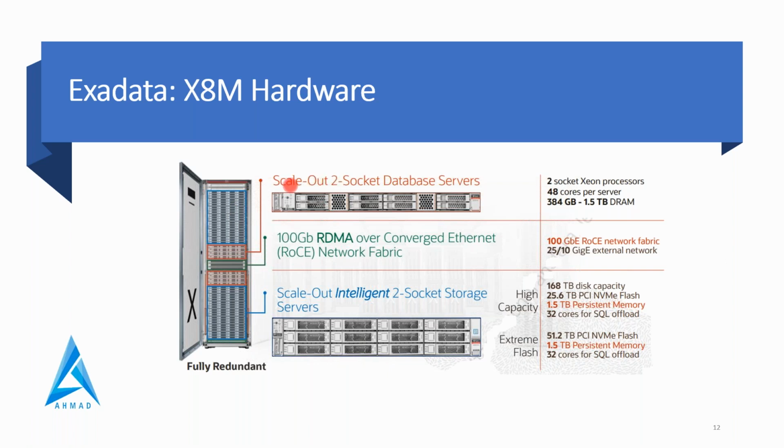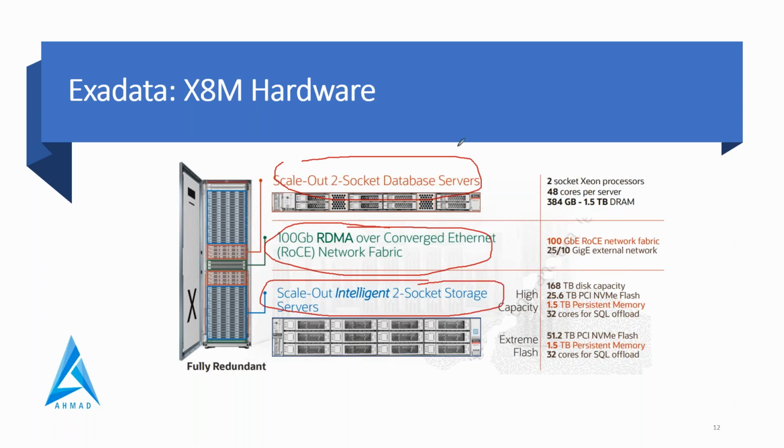So here you have database server, you have network, and you have storage. So three things you will get inside the Exadata machine, which is the database machine.